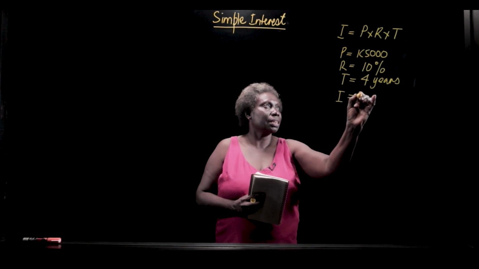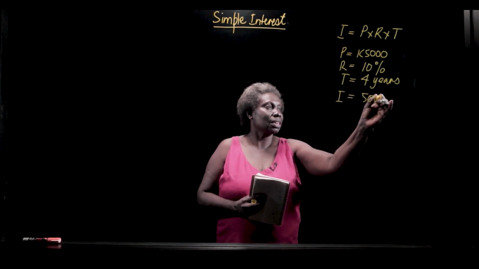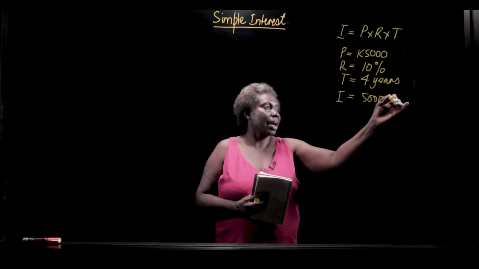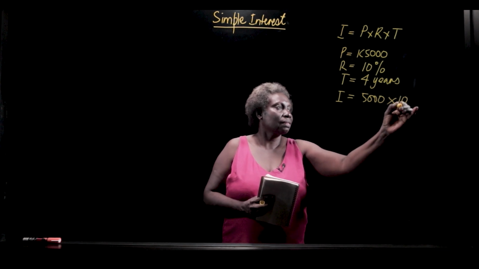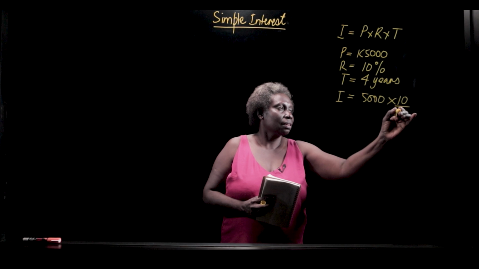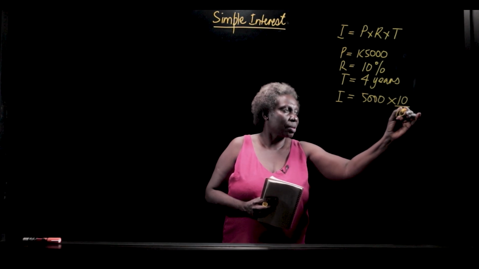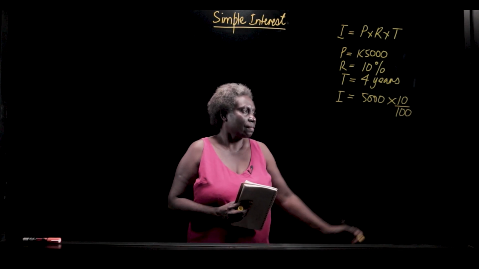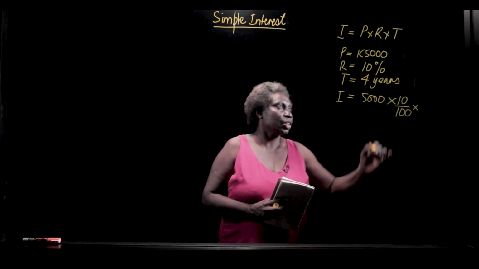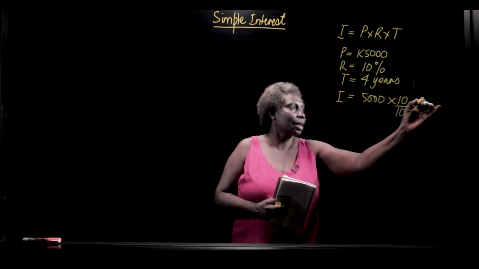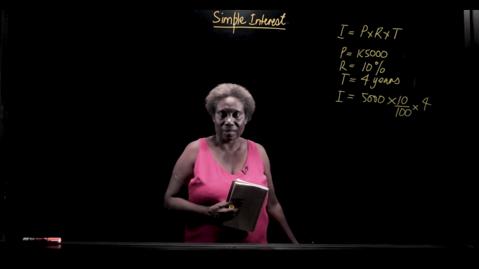Our principal is 5,000 kina multiplied by rate, which is 10%. Anything that is expressed as a percentage is always that amount over a denominator of 100, and the term is 4 years. Okay?